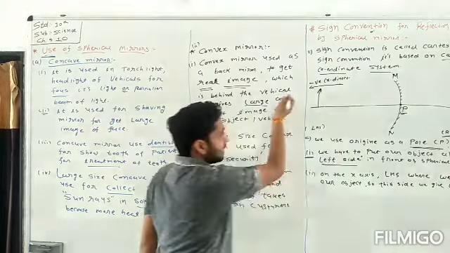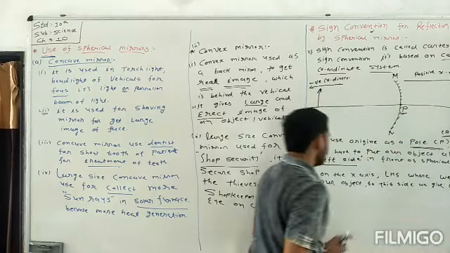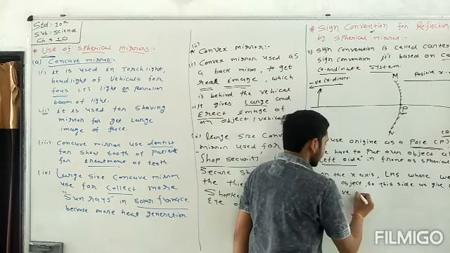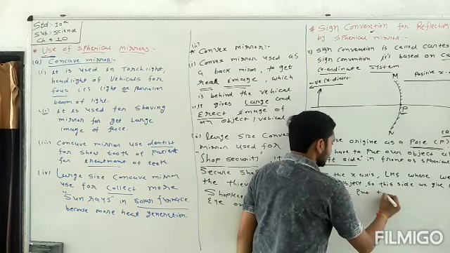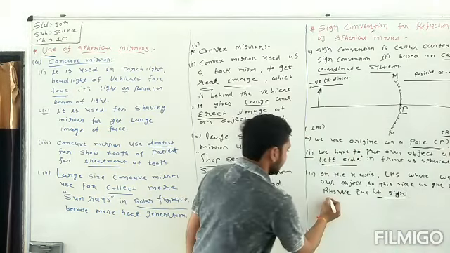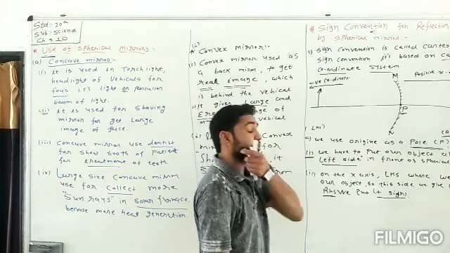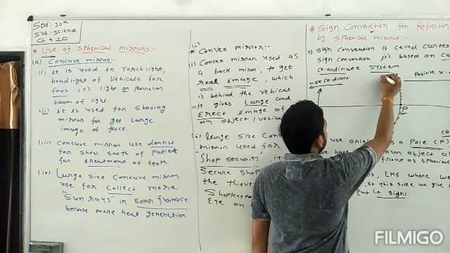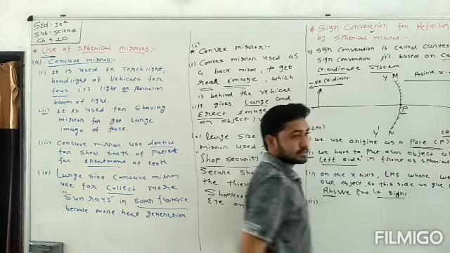On this side positive x direction, right hand side we put positive sign. Now we put this as x dash and x. Similarly, it is y and y dash.